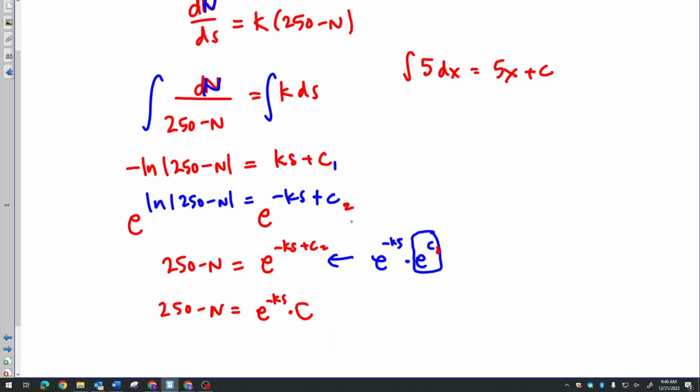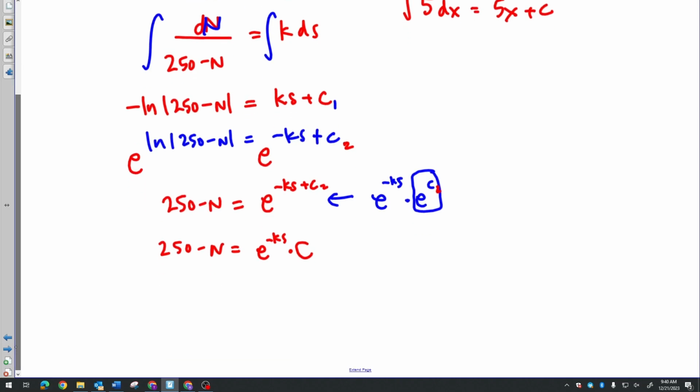I don't know if AP will need you to keep track of all these c's correctly like this, but to be safe, you can do that. But really, you just need to know that this is e to the negative ks times some c. Because if you can't simplify this e to the c2 or e to the c into some c, it's going to make this problem a lot harder. So I'm going to solve for y here, but my y is my n.